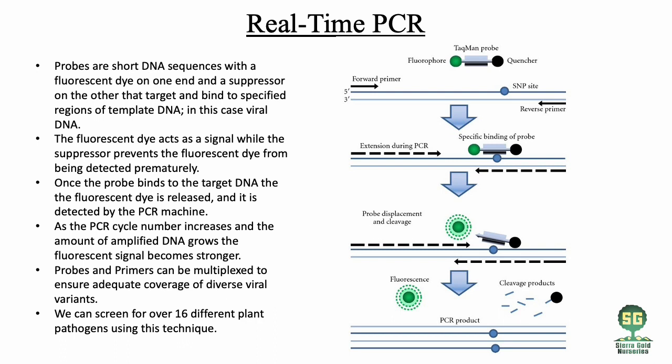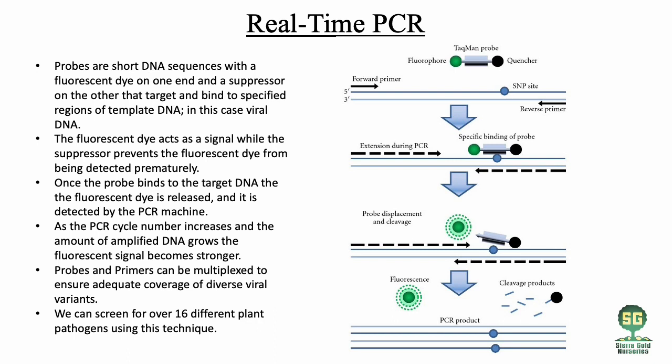The fluorescent dye acts as a signal, while the suppressor prevents the fluorescent dye from being detected prematurely. Once the probe binds to the target DNA, the fluorescent dye is released and it is detected by the PCR machine. As the PCR cycle number increases and the amount of amplified DNA grows, the fluorescence signal becomes stronger.